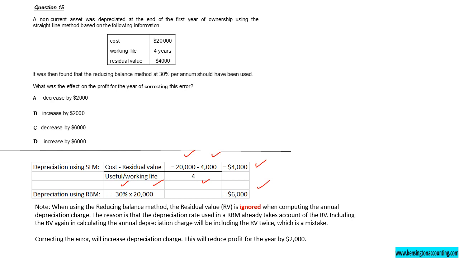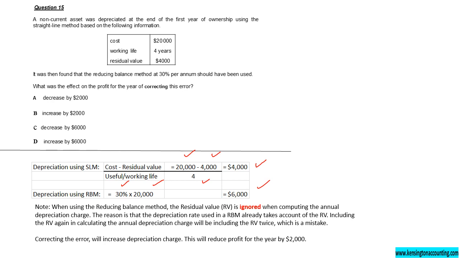Now the trick here is to trick the student into taking into account residual value while calculating depreciation using the reducing balance method. So there's a note here. Essentially what we're saying is, when we use the reducing balance method, the residual value is ignored because the percentage of 30% has already taken into account the residual value.